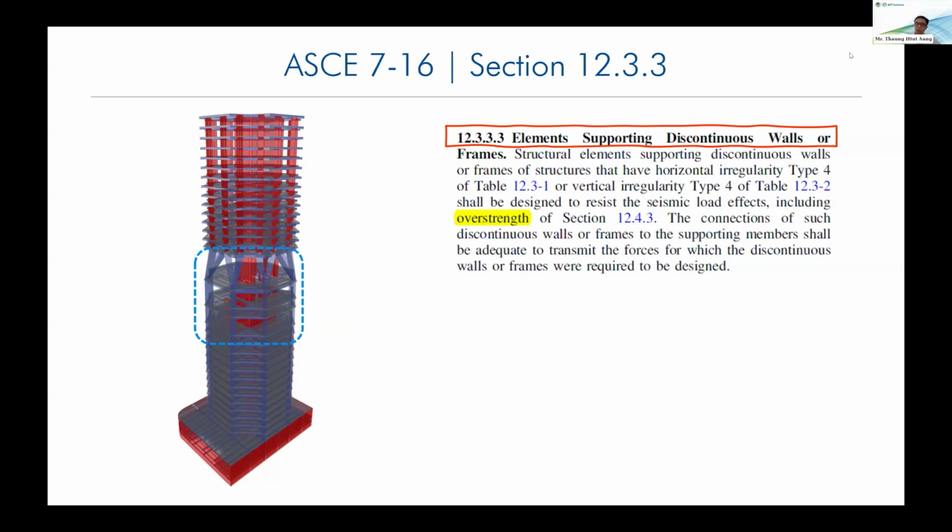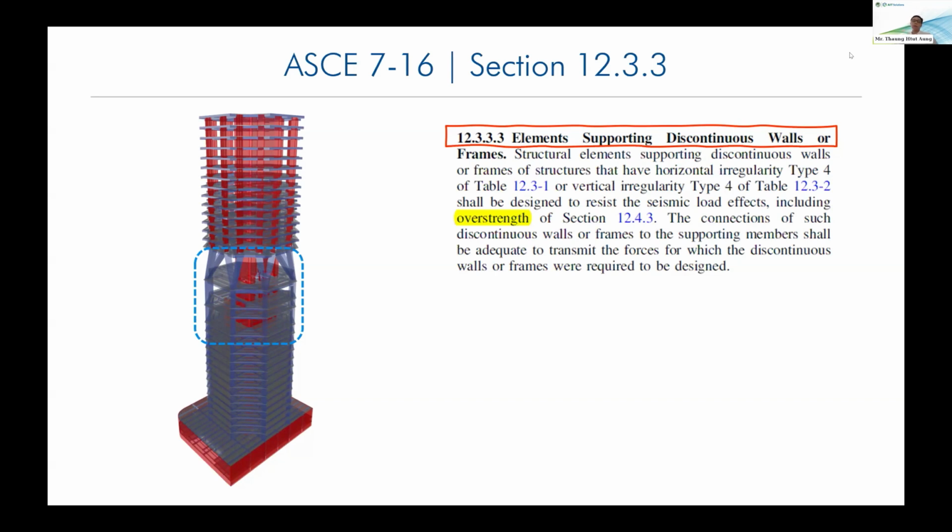The overstrength is coming from the material overstrength, and also in our design, we have some safety factors like load factor. We increase the loading with the load factors, and also we have the strength reduction factor, and also our materials. The material strength we use is nominal strength.